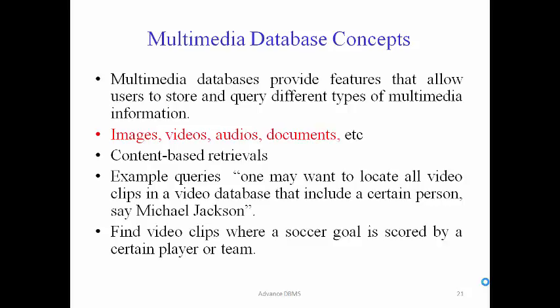For example, one may want to locate all video clips in a video database that include a certain person, say Michael Jackson, or find video clips where a soccer goal is scored by a certain player or team. Such queries are treated as content-based retrievals (CBR) because the multimedia source is being retrieved based on its containing certain objects or activities.